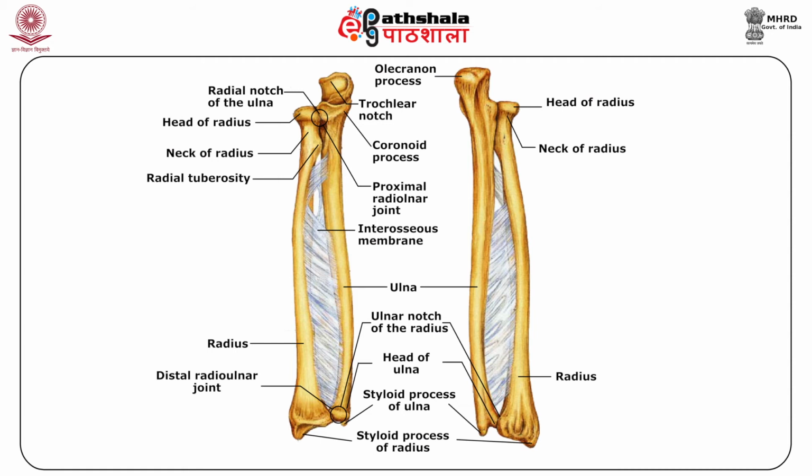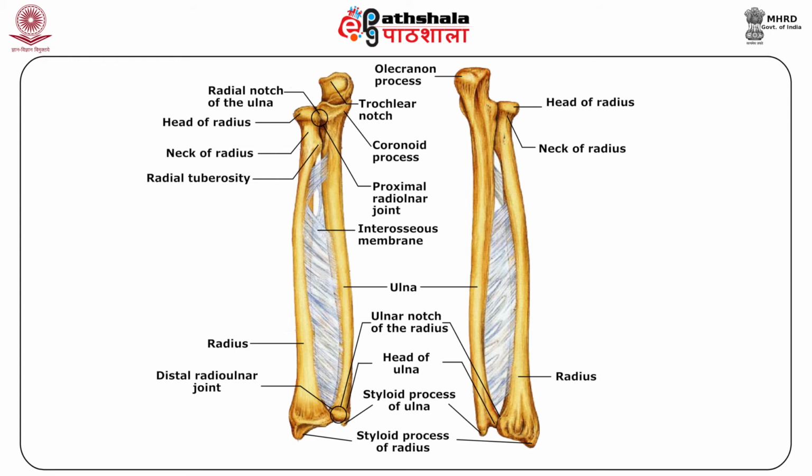The inferior margin of the trochlear notch is formed by a prominent lip of bone called the coronoid process of the ulna. And just below this, on the anterior aspect of the ulna, is a roughened area called the ulnar tuberosity. To the lateral side and slightly inferior to the trochlear notch is a small smooth area called the radial notch of the ulna.